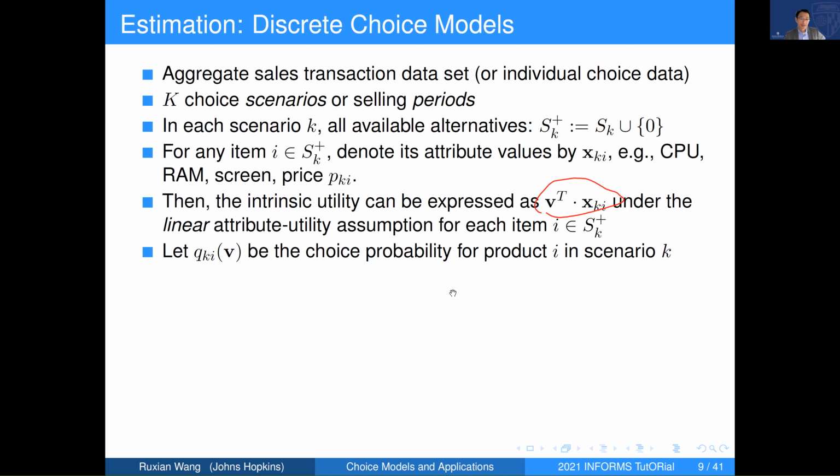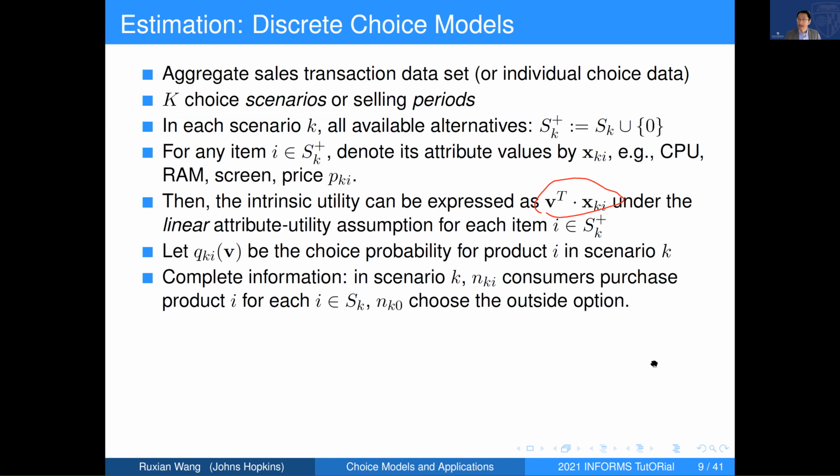And we can write down the choice probability q_ki. Even if the data is complete, we know the outcomes in each scenario for any product, right? In particular, we know N_ki, the consumers who purchase product i in each scenario k. We also know the outcomes for the no-purchase option. Here, N_k0 customers choose the outside option.